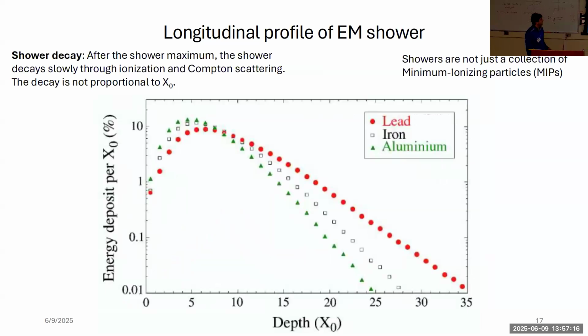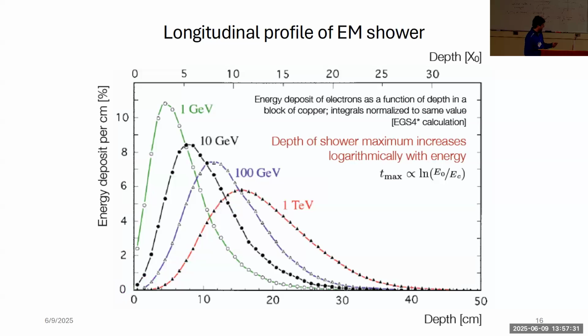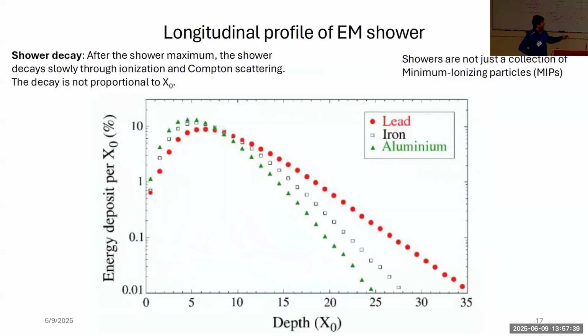One interesting thing is that after you reach the shower maximum, the shower tends to decay, and that decay happens a little bit more slowly. Even though the peak is growing as the log of the energy, the decay of the shower following the peak has a much longer tail, and that tail is governed by ionization and Compton scattering.